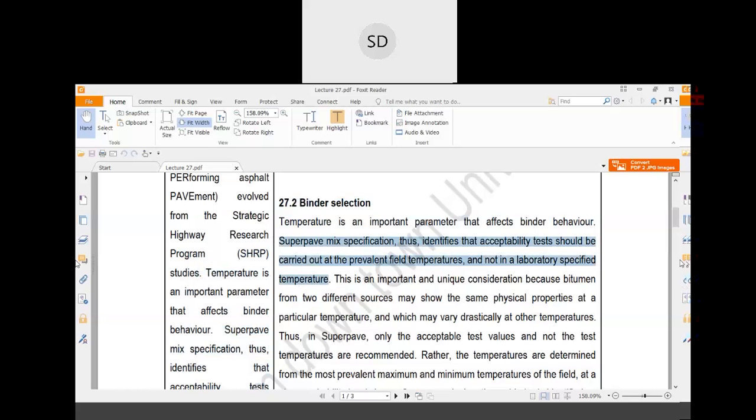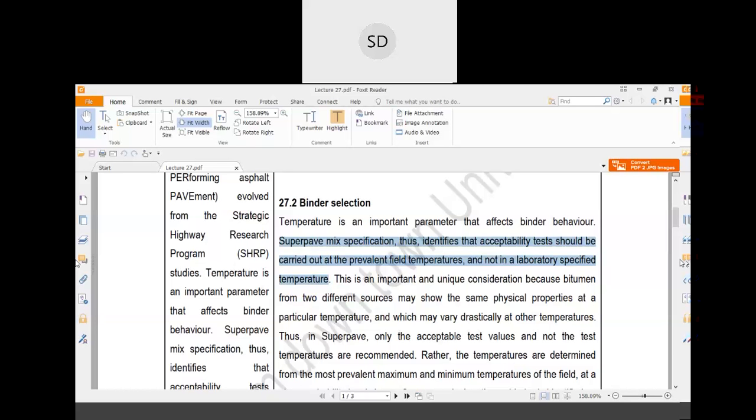In normal cases, for your penetration test, ductility test or softening point test, some temperature is maintained in the test, like 30 degrees Celsius or 35 degrees Celsius or 24 degrees Celsius. So basically, the temperatures are lab regulated temperatures.